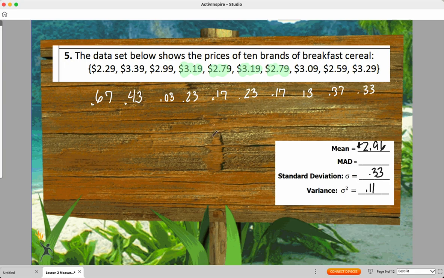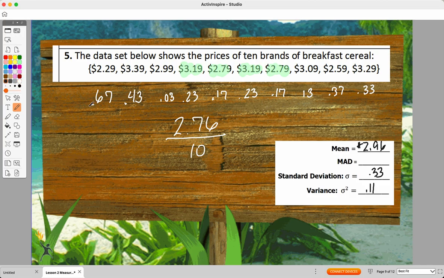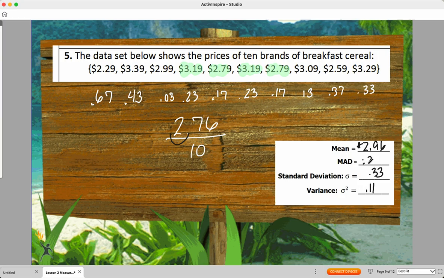All together said and told, I get $2.76 divided by 10. That's a quick one to do. It's 0.28. I love when it's divided by 10. I can just move my decimal point 1 to the left, and that gives me my answer. 0.28. So 28 cents for the mean absolute deviation. Kind of gives us that the average distance from the mean is right there.